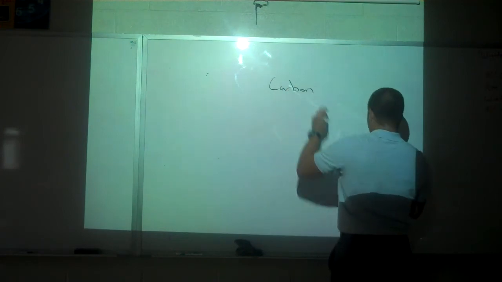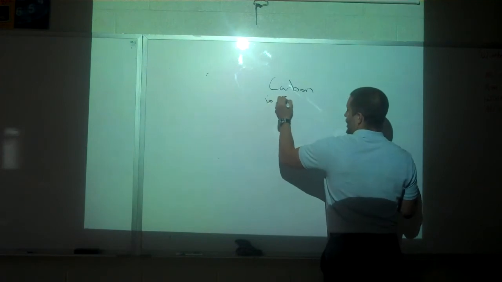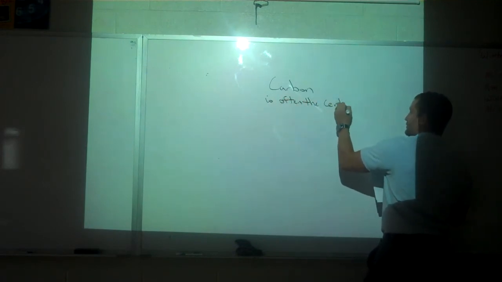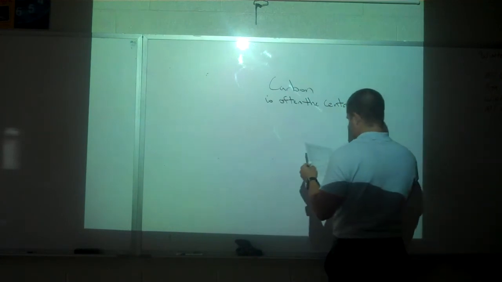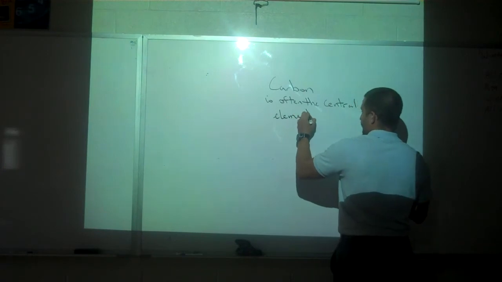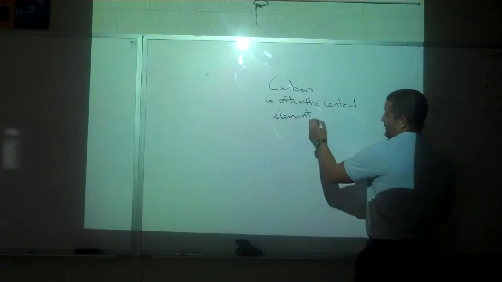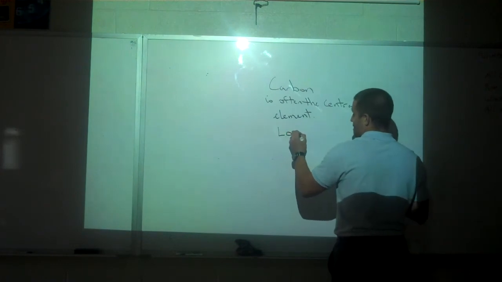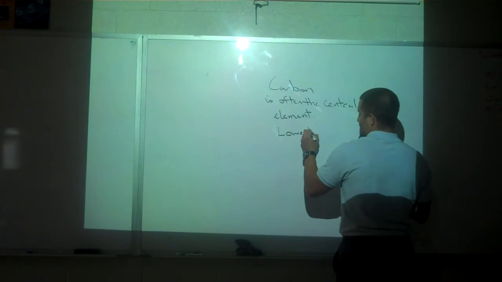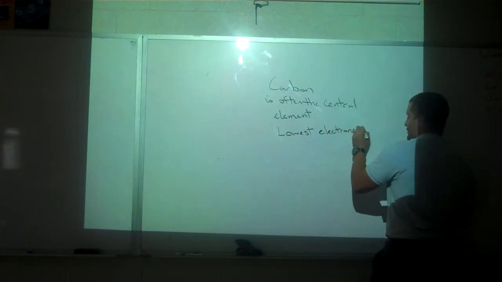So carbon, hope you guys can read this, is often the central element in a Lewis diagram. Okay? And also, if you don't have carbon there, what you can do is you can pick the element with the lowest electronegativity.